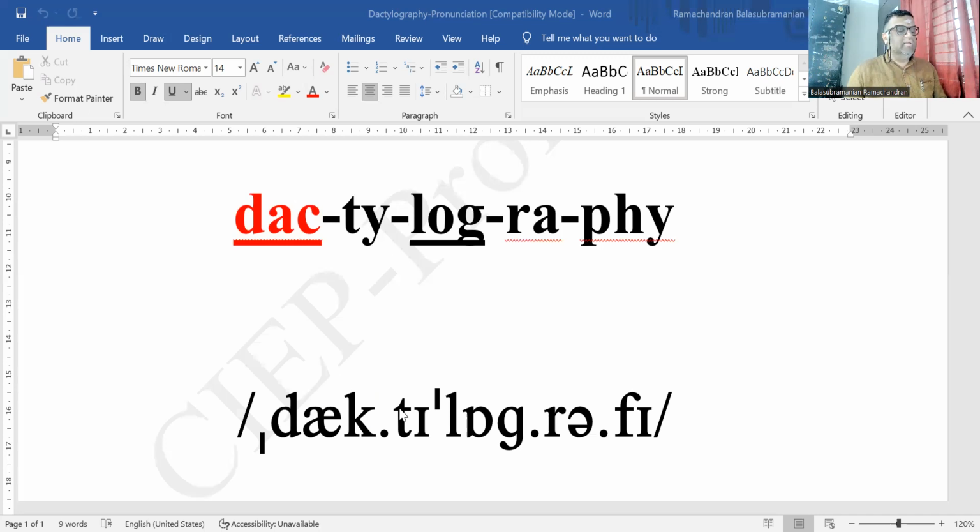T here, and then T, E here. Log, L, O, G, and R. I'm not going too deep into it right now. And phi, of course, PH becomes F, and Y is the E here. So the number of letters and the number of sounds usually don't correspond to each other.